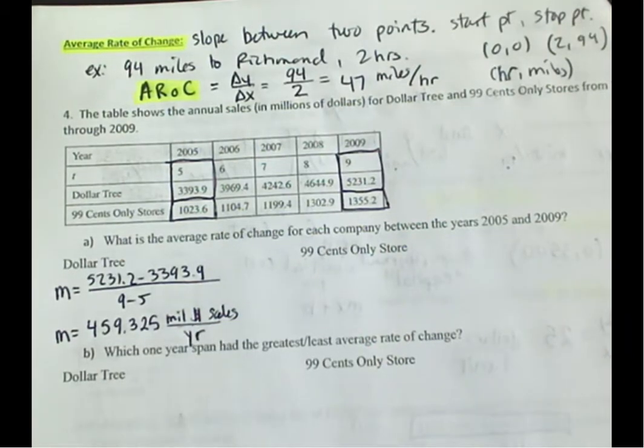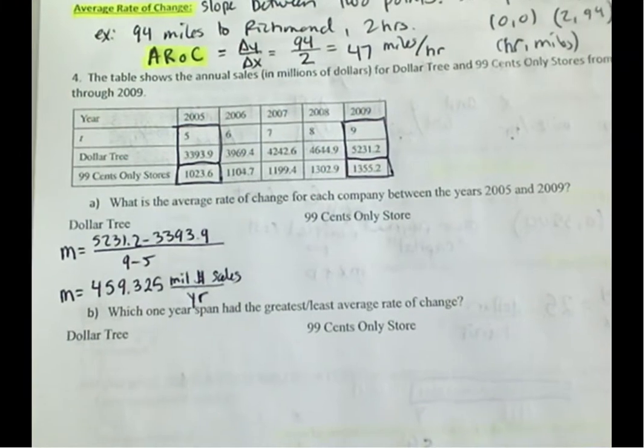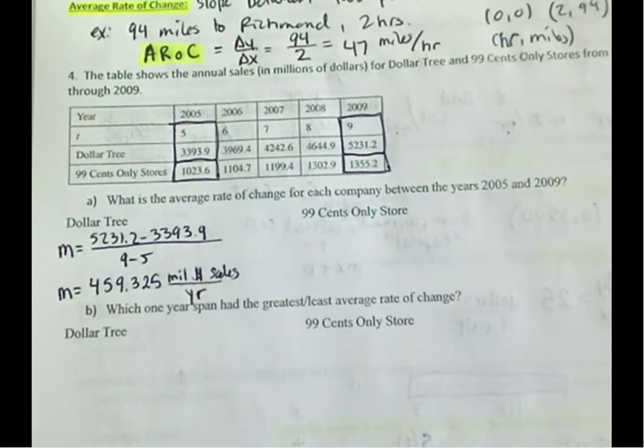Okay, units. Because it's not the arithmetic you're looking at. It's how to actually say your answer with the correct units. So over 4 years, the average rate of change was $459 million in sales per year.